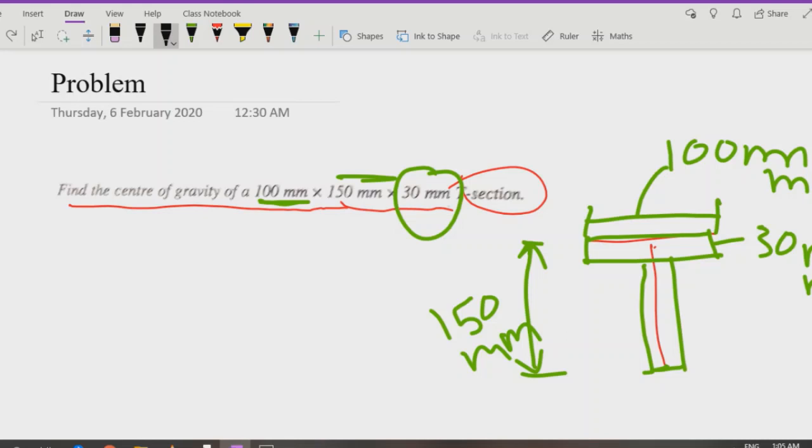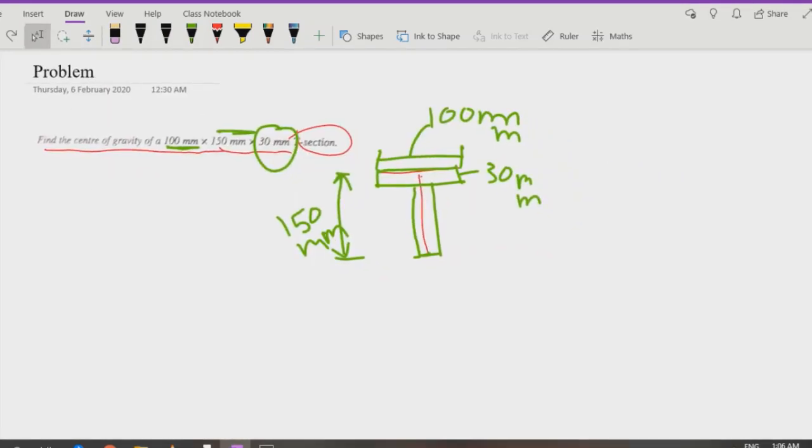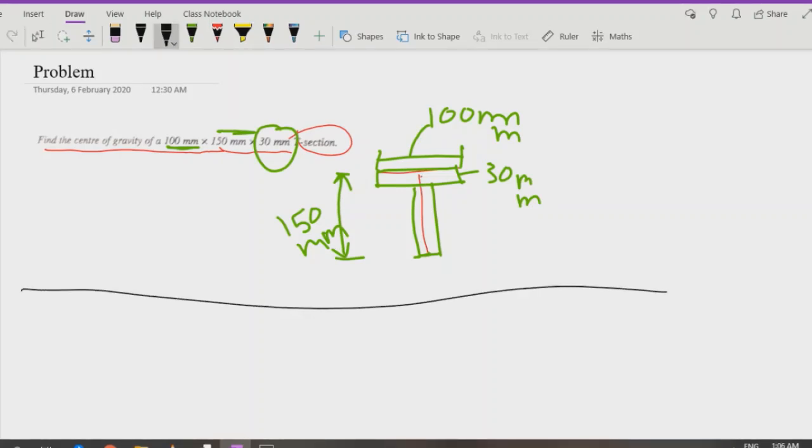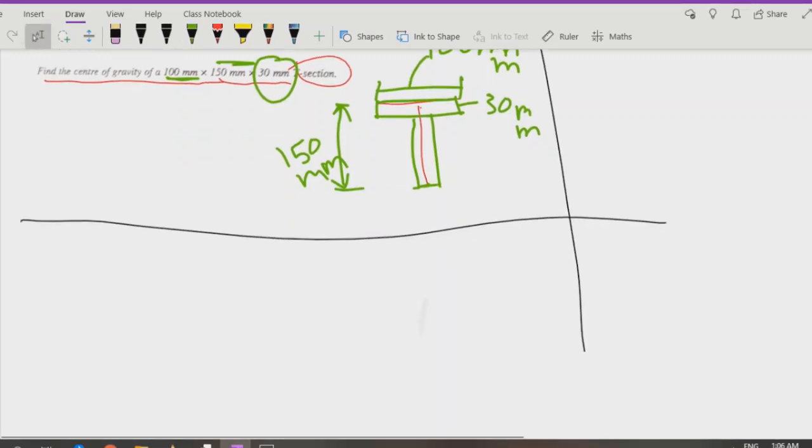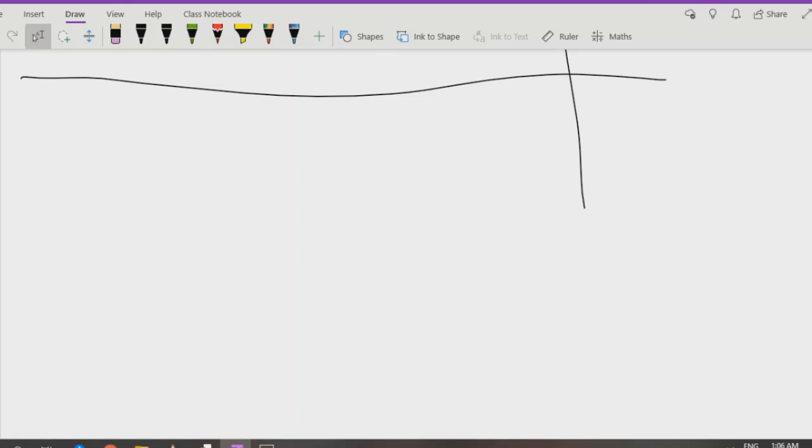I will make it shorter. Now this is our statement. I am going to find out everything here so that it shows fair work. Now I know my dimensions, so I can redraw this figure like this.